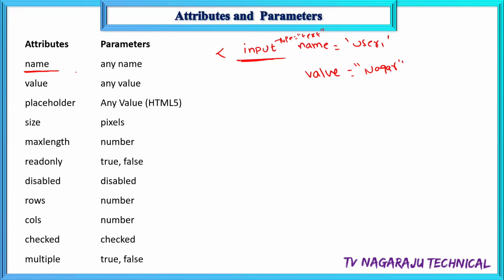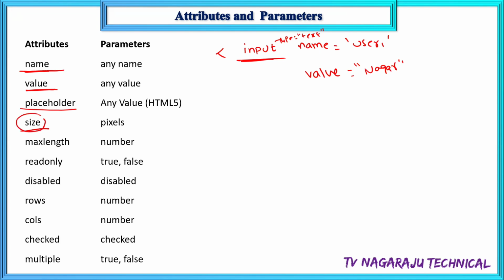Understand what we discussed? The name attribute. Value means whatever you give, that value is available. Placeholder means simply display some message. Size is the size of the field, either text box or whatever it is.